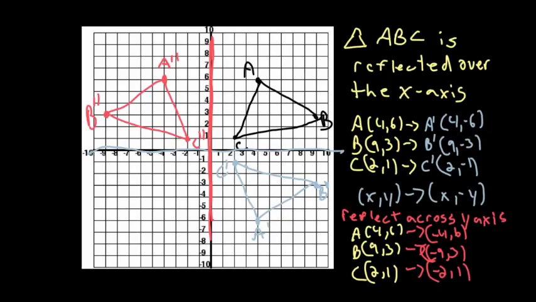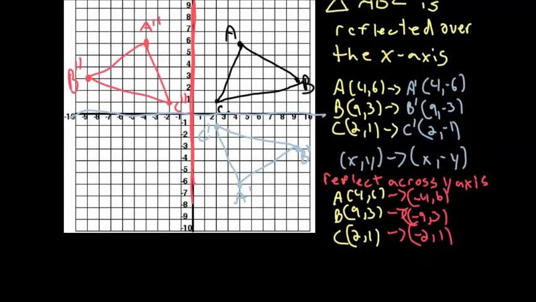So you notice here that our x value changed. So if you were to write the notation on this, it would be (x, y) is changed to (-x, y). So it basically works out to be the opposite. When you reflect across the x-axis, your y value changes to its opposite. When you reflect across the y-axis, your x value changes to its opposite.